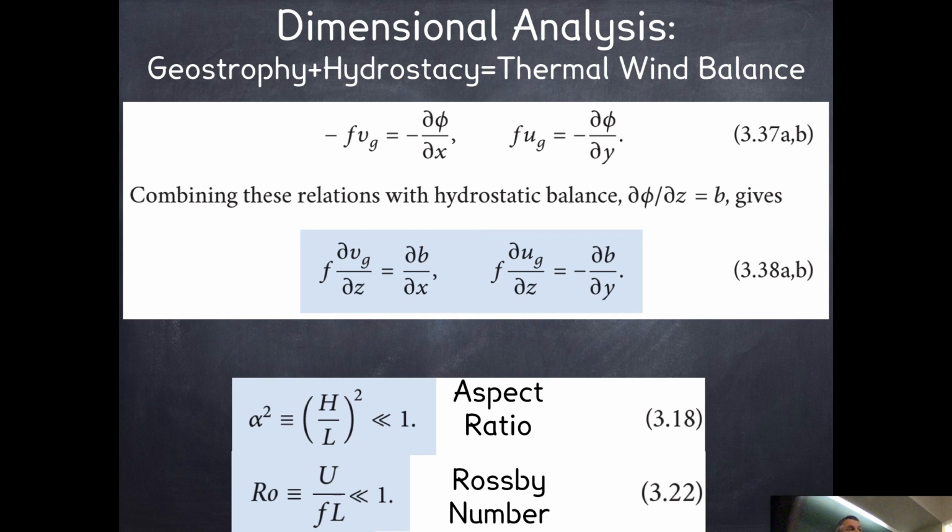Just a dimensional analysis or thinking. So I have H, which is my vertical scale of motion. I have L, which is my horizontal scale. What is our parameter to describe the rate of rotation? Rossby number, or just f, if we're thinking of a dimensional one. What's our parameter for amount of stratification?